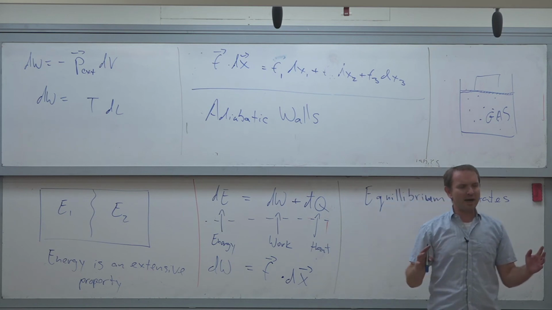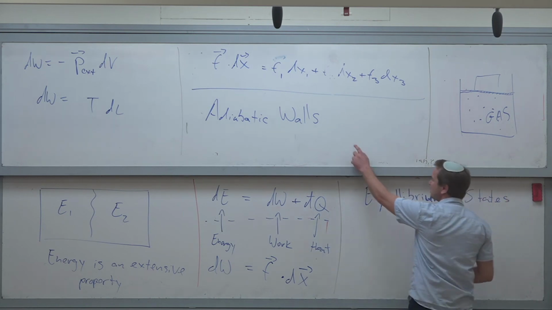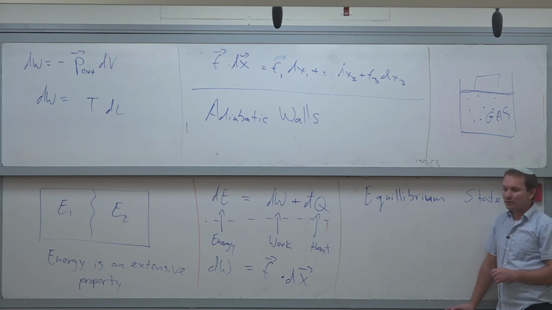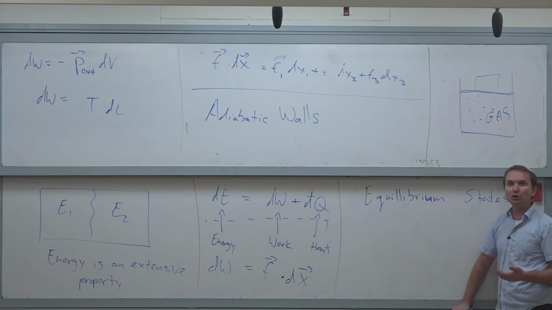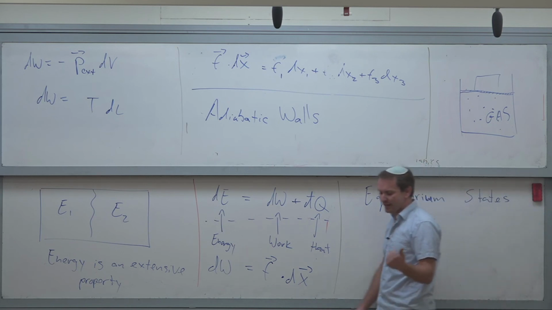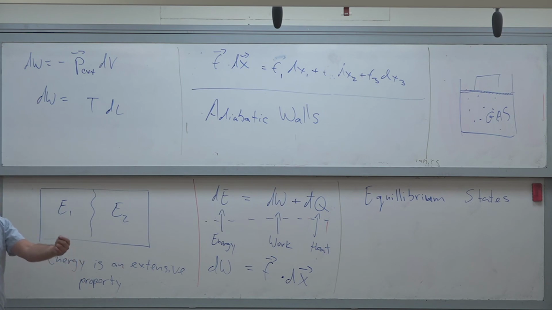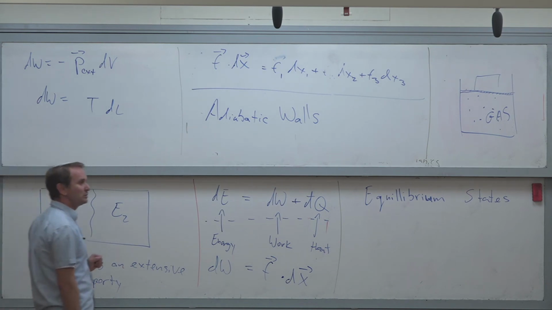I impose adiabatic constraints and adiabatic walls. I leave the system to rest for a while. And then I see that it reaches a state that is not changing as a function of time. I'm not concerned by how long it has taken me to reach the state. I'm only saying that after a while, the system will reach a specific situation that I call an equilibrium state.